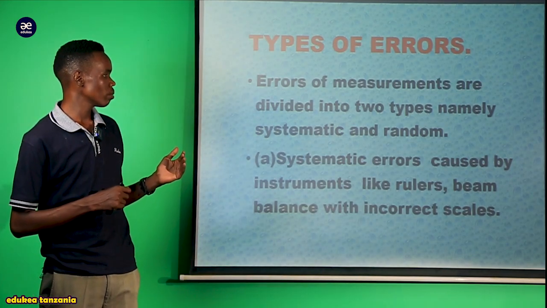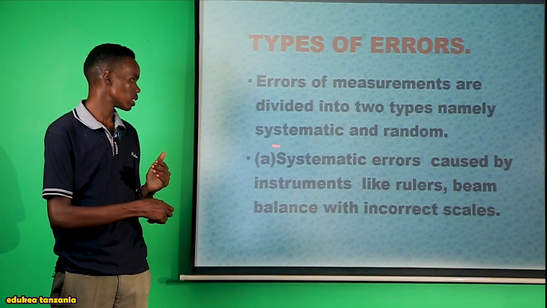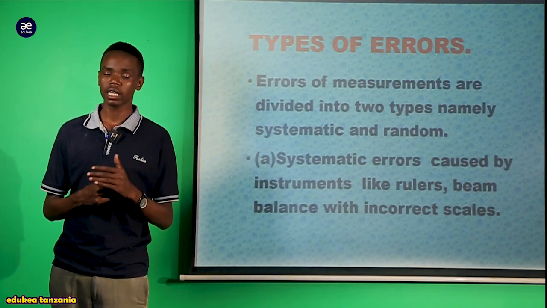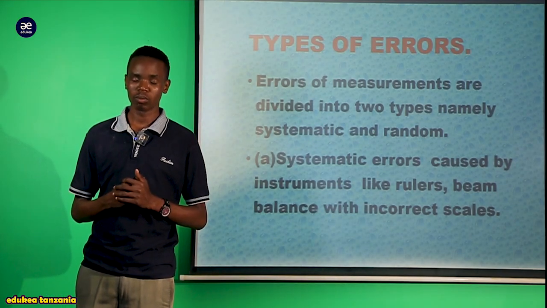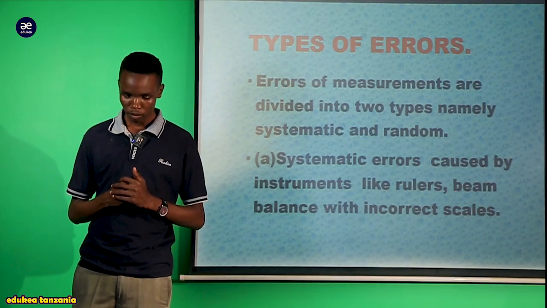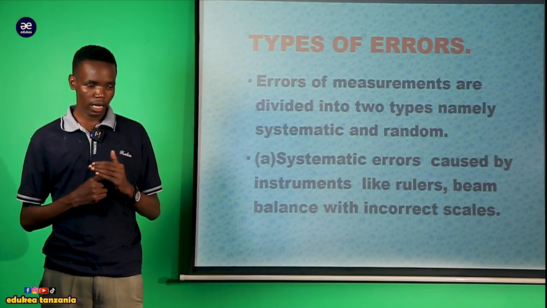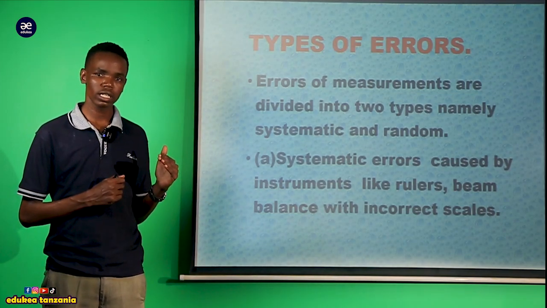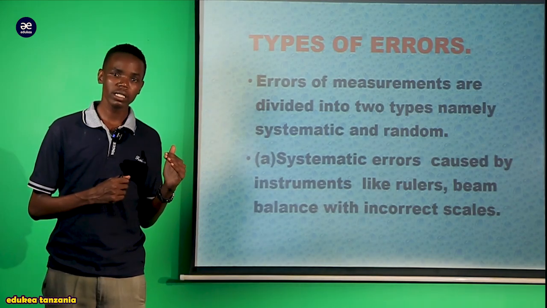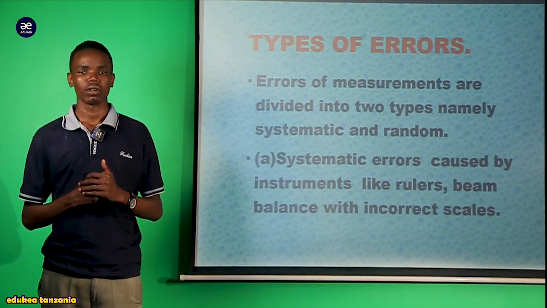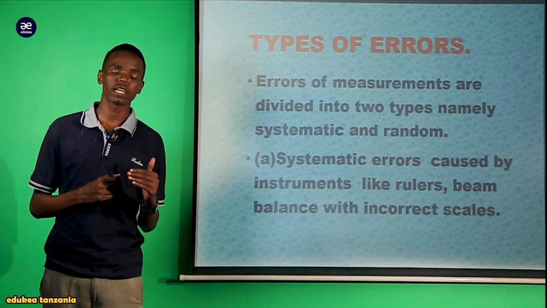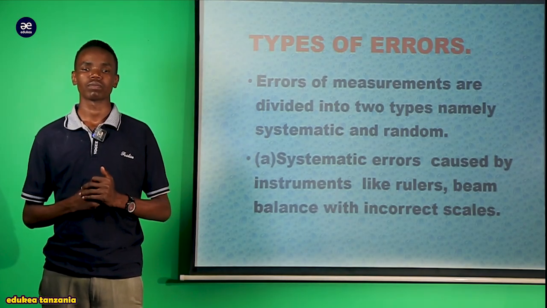The first one is the systematic errors, and the second is called the random errors. These errors, being different, occur in different situations.